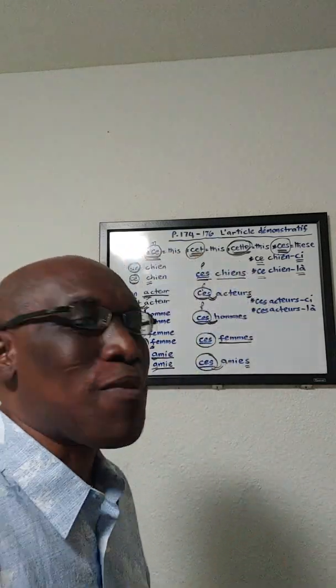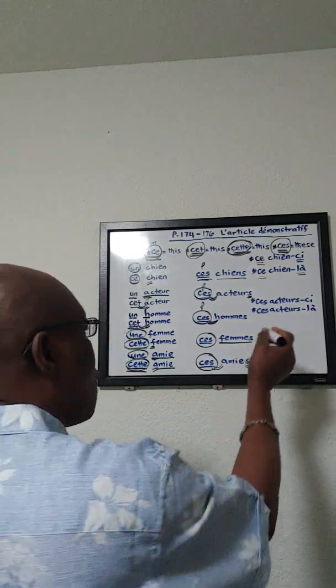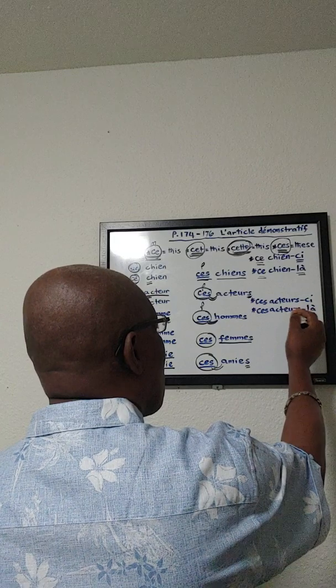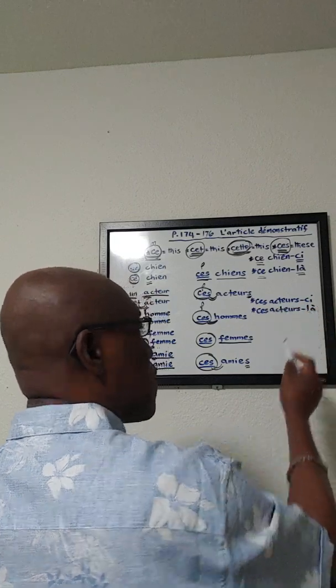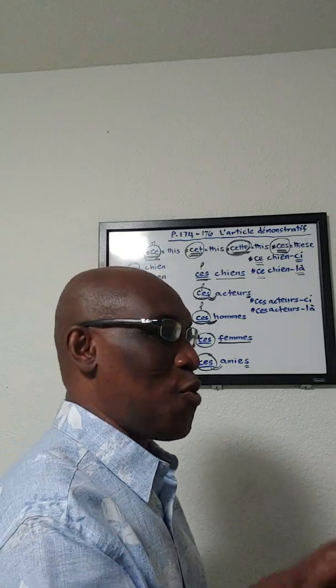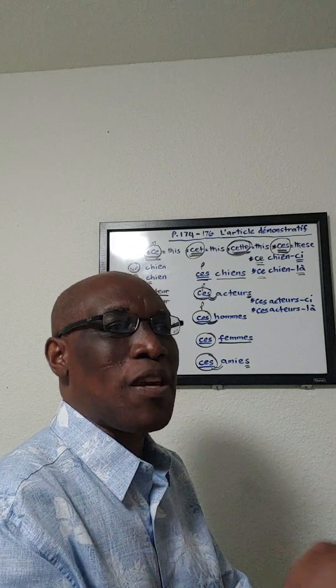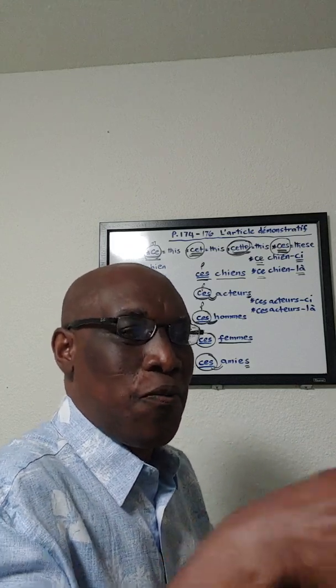You do the same thing with the plural nouns. You can differentiate between what actors are closer to you. I'm talking about distance. See, you have two sets of actors. Some are sitting closer to you, some are sitting a little bit far from you.